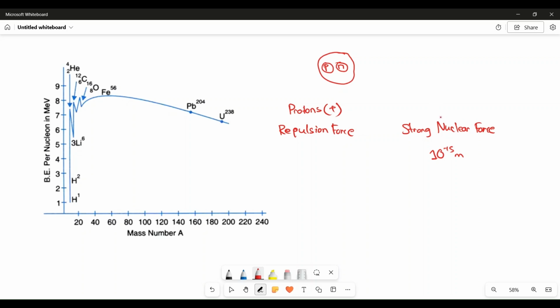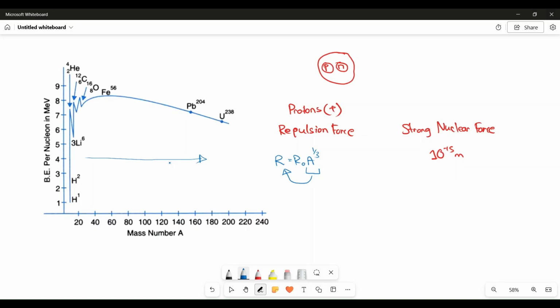As the mass number increases, the radius of the nucleus also increases, and the equation is like this. We can see that when A increases, the radius also increases. So for bigger nuclei, when the mass number gets heavier, their radius also gets bigger.